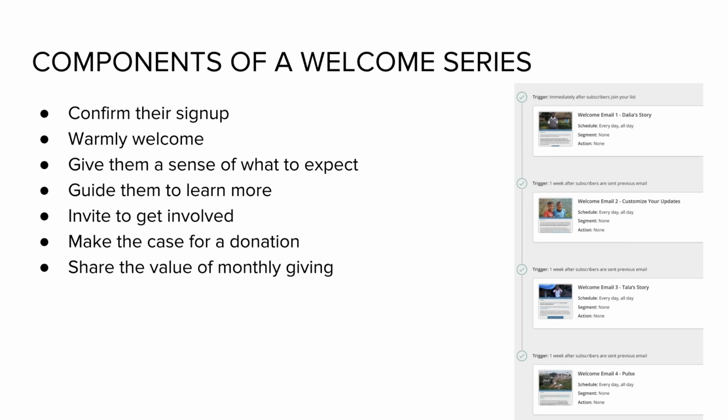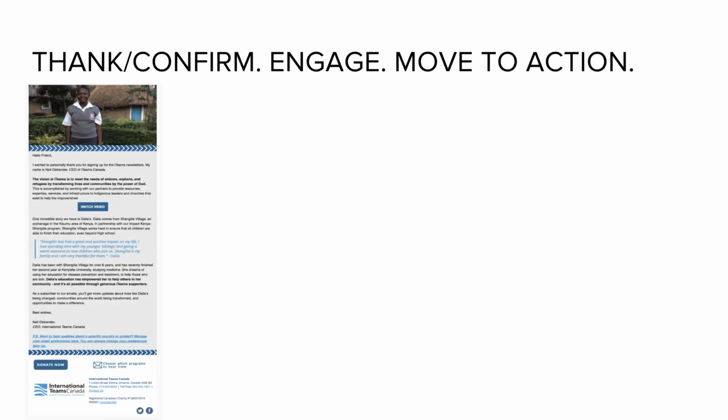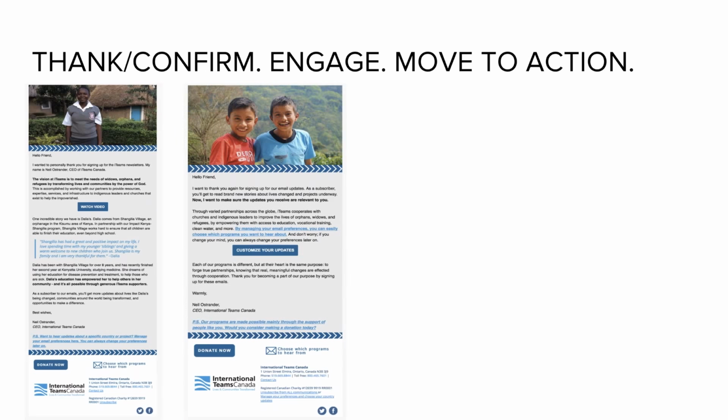We often build a monthly giving, kind of soft-ish appeal into all the welcome series, because we want to plant that seed of, if you really want to support us in the best way, monthly giving is how you go about doing that. So here's just an example of one of these welcome series. Here's the thank you email where we're pointing people to a video. And then in this case, they've got a bunch of different countries and programs. So we're saying, what information do you want to hear?